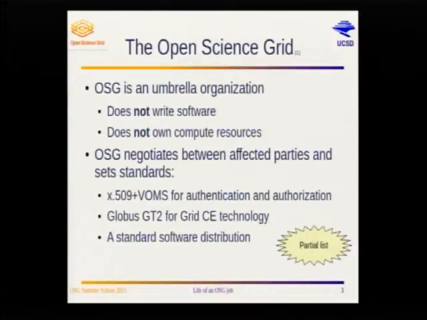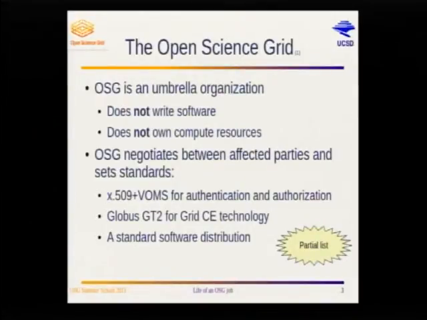It's not the OSG itself that provides either the software or the hardware. OSG just makes sure that various providers come together in a uniform way so that it is possible to use this large amount of disparate users in a relatively uniform way.